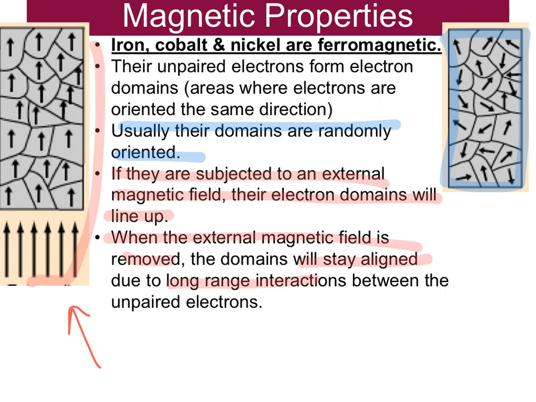What's really cool about these atoms is this phenomenon that once we then remove the magnetic field, those electrons will stay aligned. They will not return to the random state they were in before. And that's what makes them an especially strong magnet, for having this kind of over and above response to the application of the magnetic field. That's what makes iron, cobalt, and nickel so special, being ferromagnetic.